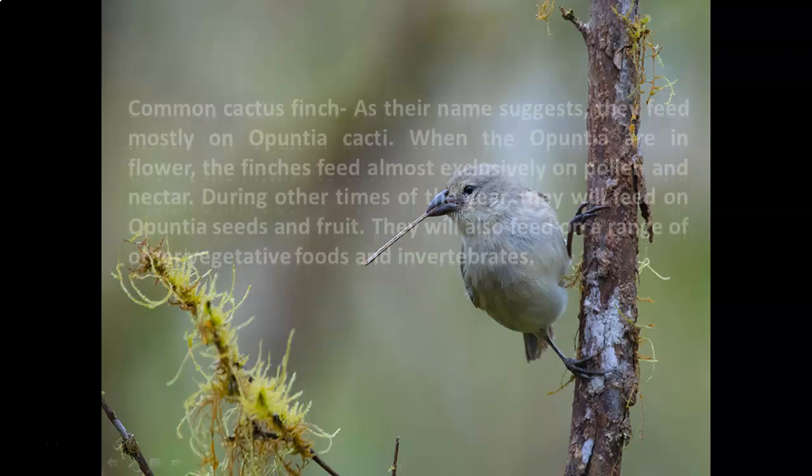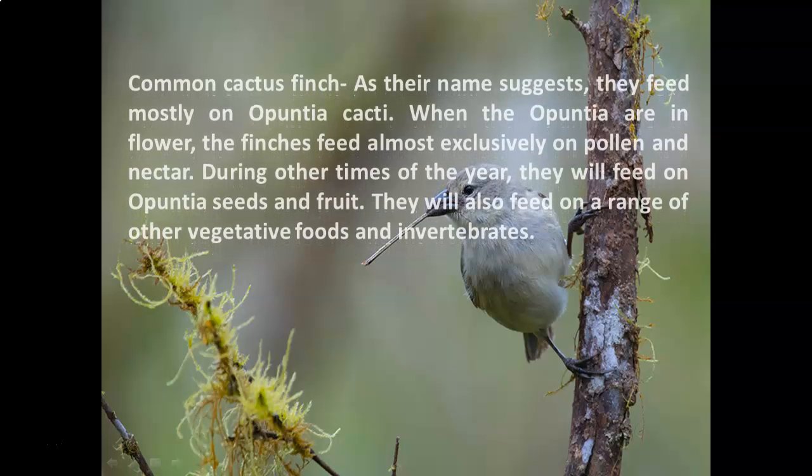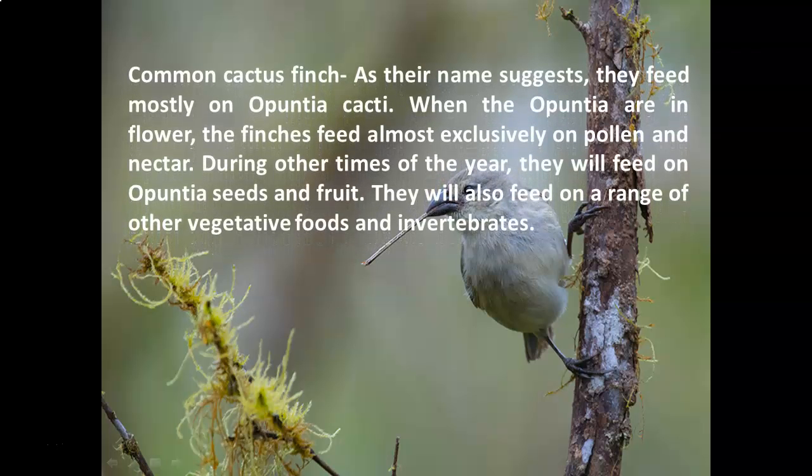Common cactus finch. As their name suggests, they feed mostly on Opuntia cacti. When the Opuntia are in flower, the finches feed almost exclusively on pollen and nectar. During other times of the year, they will feed on Opuntia seeds and fruits. They will also feed on a range of other vegetable food and invertebrates.